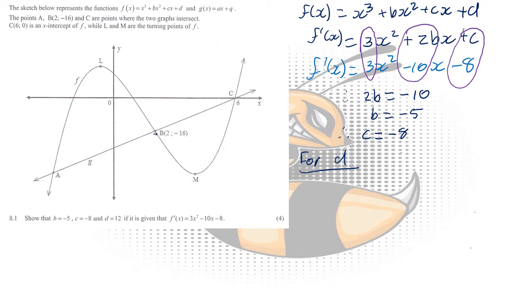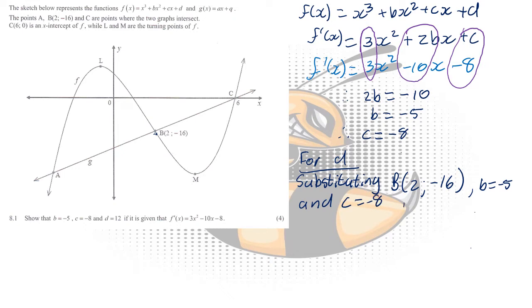We do that by substituting in the coordinate B, 2, minus 16, b equals minus 5, and c equals minus 8 into this equation.